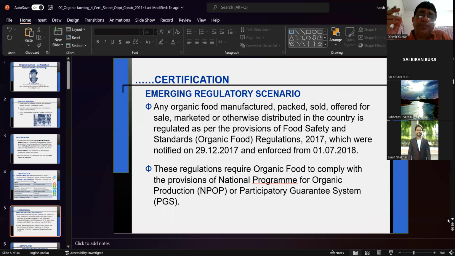Therefore, the government started a certification process for grower groups. On 1st July 2016, they started PGS, the Participatory Guarantee System, implemented by the National Centre of Organic Farming, Ghaziabad, and its regional centres. A certain procedure is laid down on how to go for the Participatory Guarantee System. That procedure is defined, and a farmer or growers group can get their products certified.